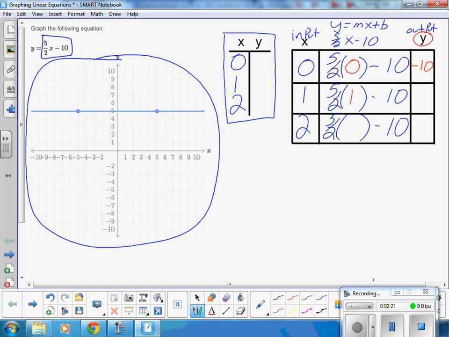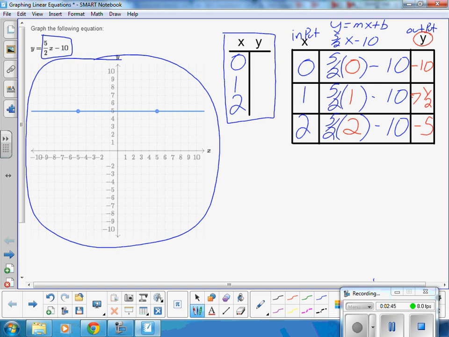And then 5/2 minus 10, if I did my math right, is negative 7.5. You can double check that on a calculator at your own leisure. For the third one, when I substitute 2 in for x, 5/2 times 2 is 5, and 5 minus 10 is a negative 5.